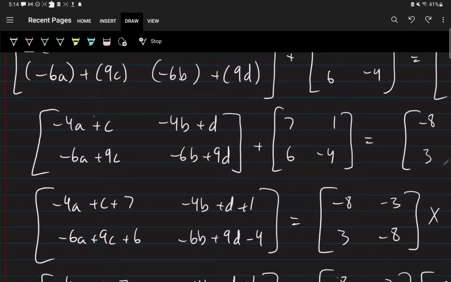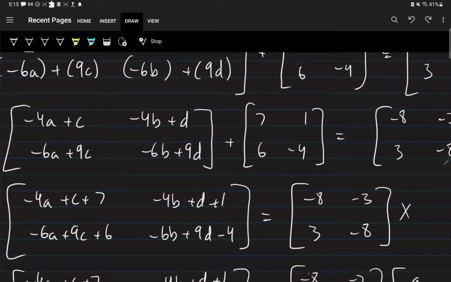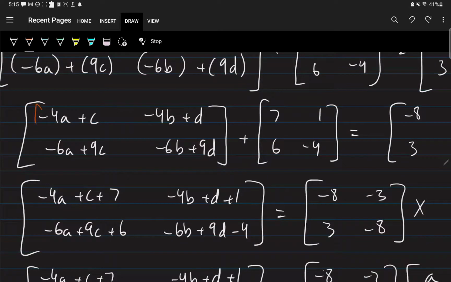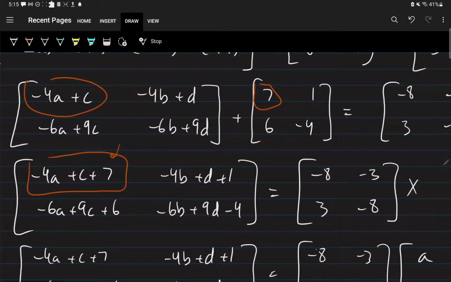Simplifying, we now have this, a lot easier to read. This is the matrix, and we have to add it with this matrix here. Well, matrix addition is very simple. Matrix addition is literally just taking this entry and adding it to this entry, and then making a new matrix. So when I add this entry with this entry, then I get this. Negative 4A plus C, and if I add it with 7 on this side, then I have plus 7.